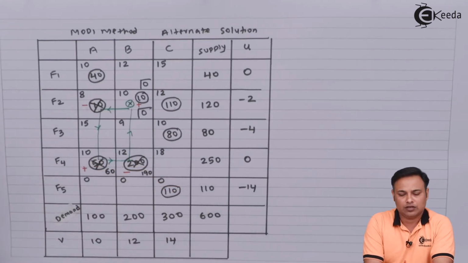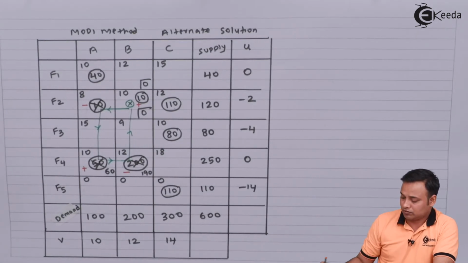Now, as we saw earlier, I won't again check the optimality of the solution. I'll just try to find out whether this solution is an alternate solution or not.